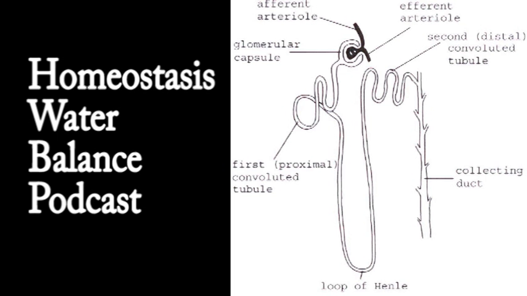That means more water goes back into the blood. And because more water has been reabsorbed from the nephrons, there's going to be less water left in the nephrons. That means less water is going to go into the collecting duct, so urine volumes will be lower. They will be less.